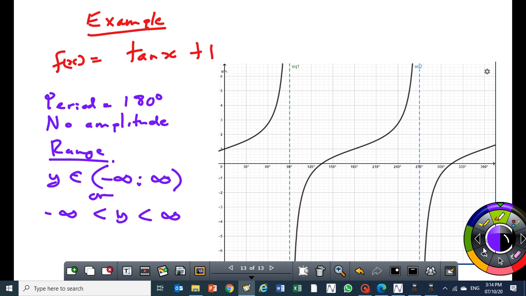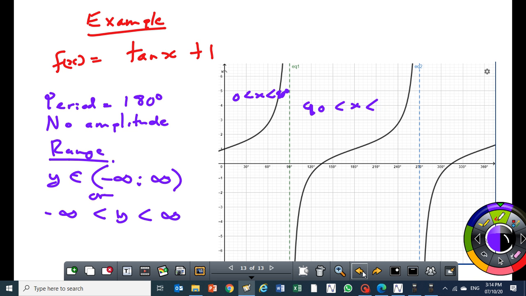But because we have asymptotes where y is undefined, when we write, we have three intervals where the graph is increasing. The first interval is between 0 and 90 degrees. The second interval is between 90 and 270.